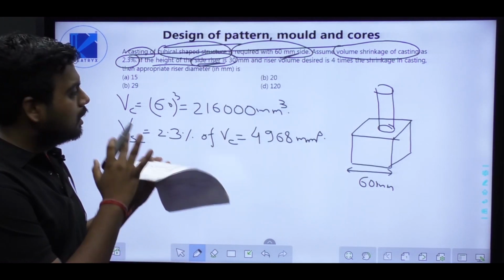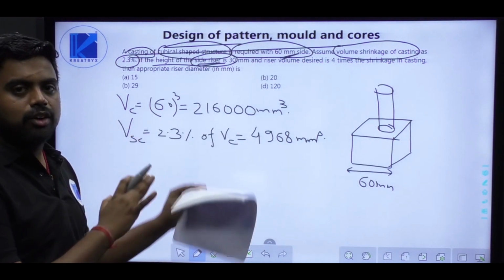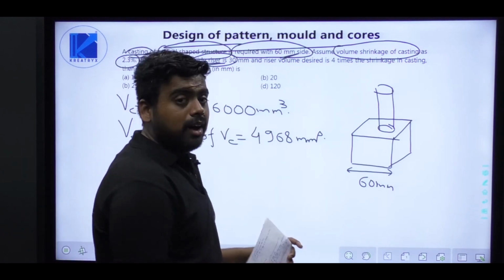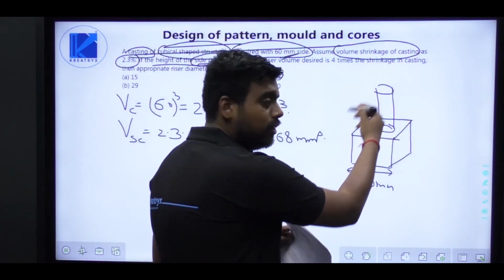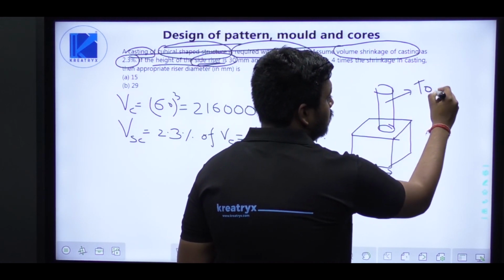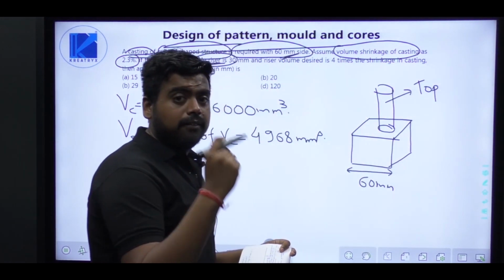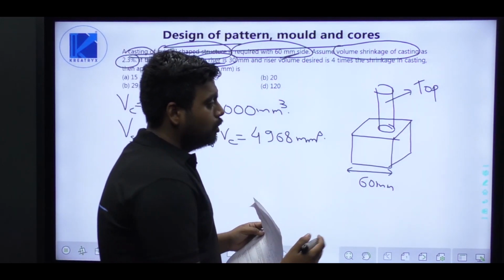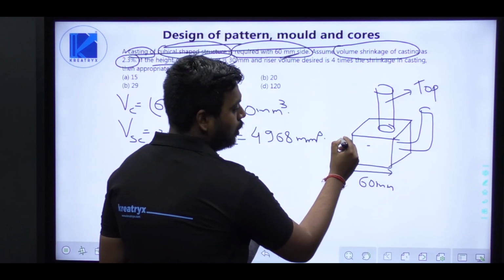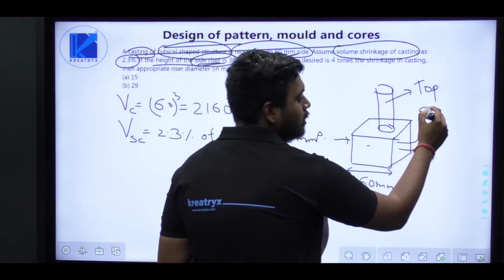In this question, till now they haven't mentioned which kind of riser this is, so I am assuming it to be a cylindrical riser. So when a riser is placed on the top face of the cast, it is termed as top riser. So this is basically a top riser. And when a riser is placed on any of the sides, let's say this side or this side or this side, it is termed as side riser.